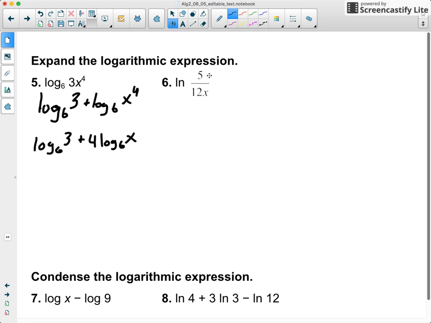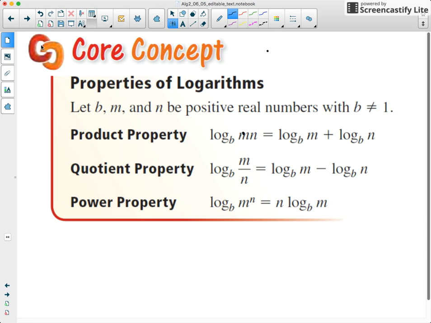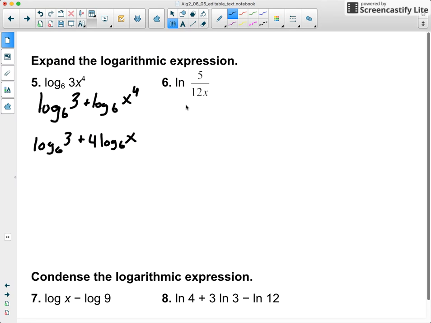Over here, we're talking about the natural log of 5 over 12x. And since I see division, going back, I'm thinking about using that quotient property. So I'll be subtracting the top and the bottom, or the numerator and the denominator. So I'm taking the natural log of 5 minus the natural log of 12x. Now, a lot of people would say, hey, I'm done.